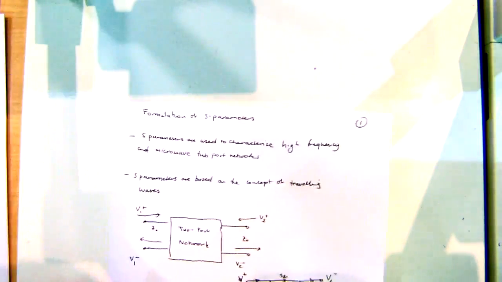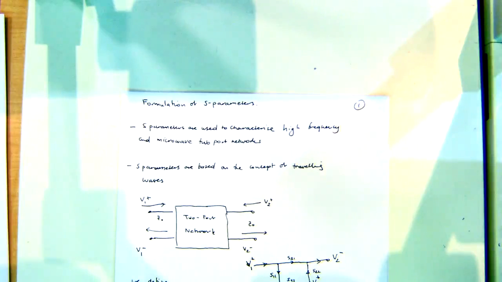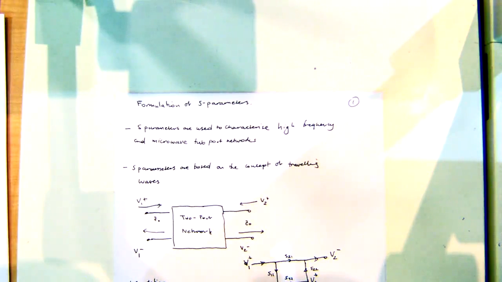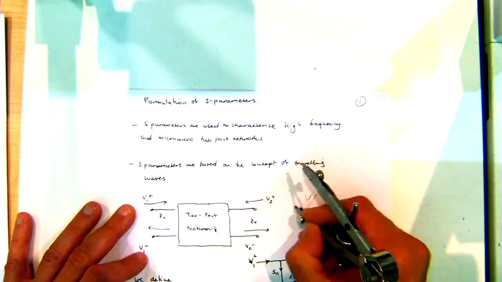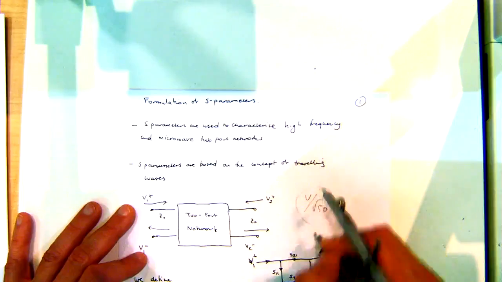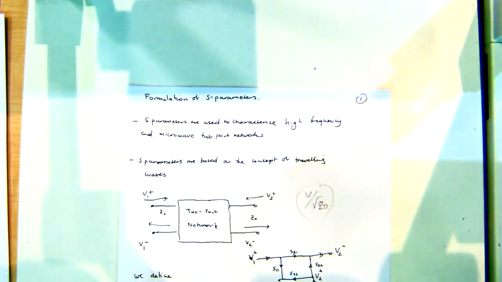So essentially, what happens is when you're operating at high frequencies, it's usually easier to deal with power waves rather than to deal directly with voltage waves and the like. Now, even though I'm writing these, and they are technically the same as voltages, I'm writing V on the square root of the characteristic impedance, so I've normalized it.